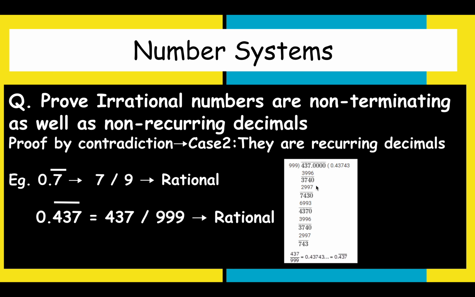Then again we divide by 3, 2997. Then again we divide by 7. And then what happens? 437 comes as the remainder again. So this is going to repeat. 437, 437, 437. So this is a trick to convert a recurring decimal to a rational number, and that's why every recurring number can be converted into a rational number.